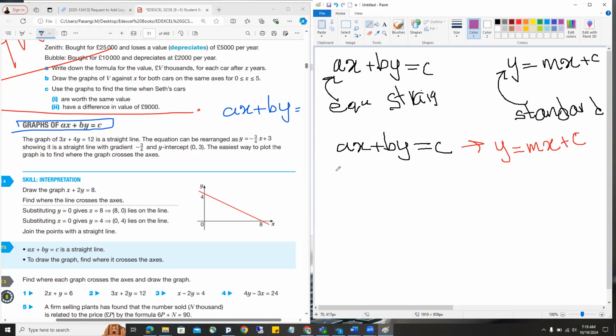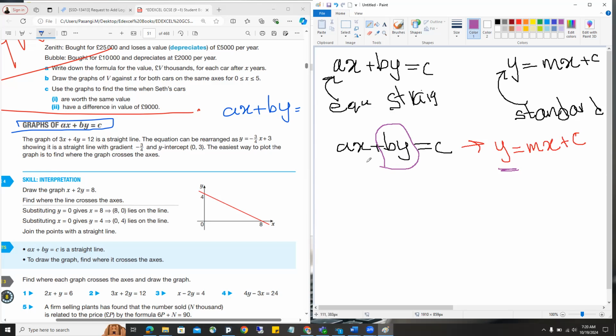Now, how are we going to convert this? First, the subject here is y, so we have to keep y as the subject. To do that, we should remove the rest of the terms from that side.